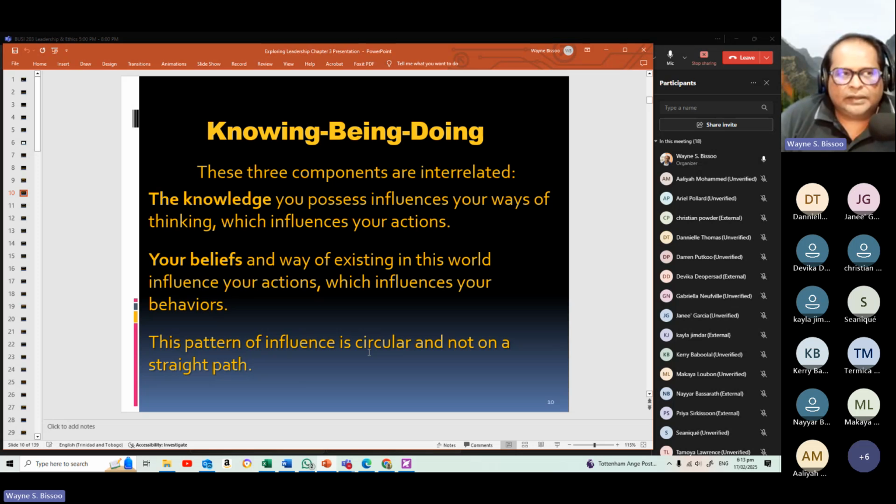And I would like to think it is an upward or outward spiraling concept, because each time you go through the process of knowing, being, doing, it should broaden your perception of things. It should broaden your perception of life, and therefore every time you make that journey around, you keep on increasing the orbit of your concepts, of your ideas, and you get better and better.